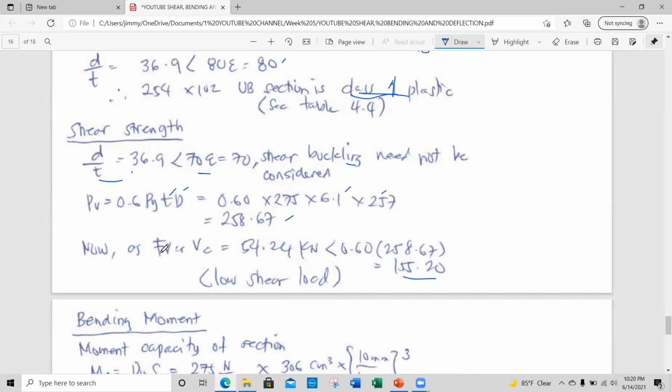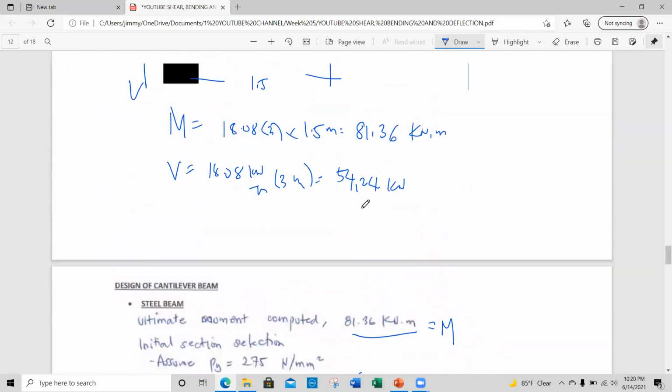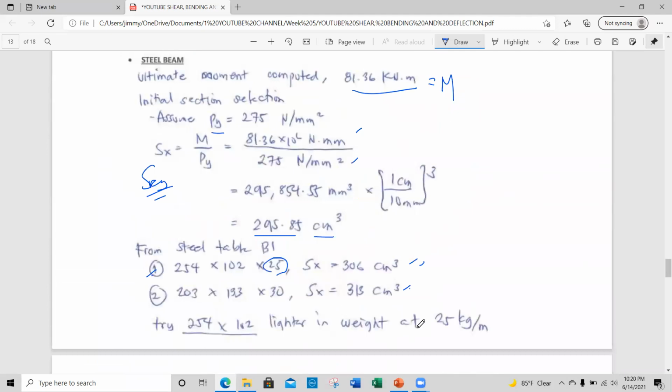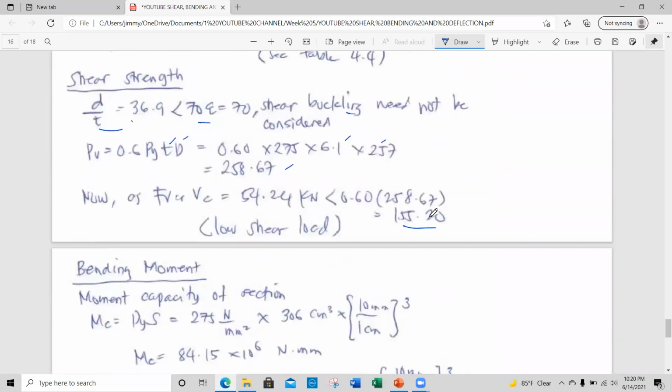And then our FV or VC, the shear which we calculated earlier to be 54.24, is still less than 0.6 of PV, which is 155.2.